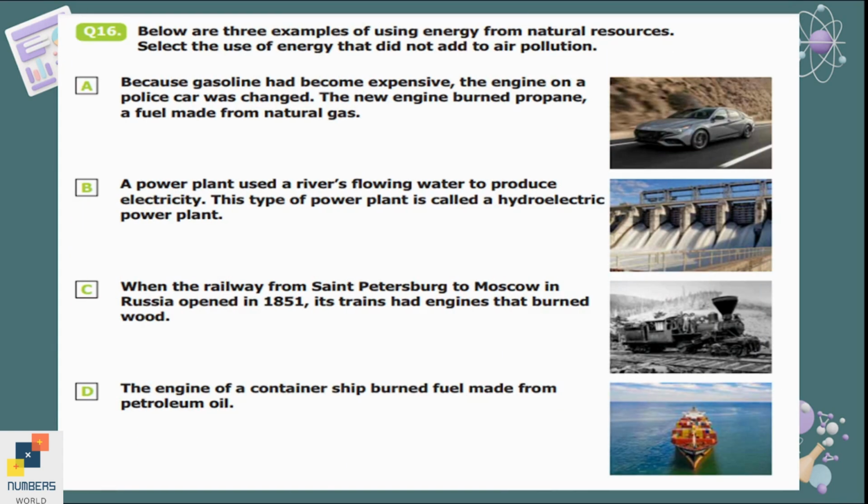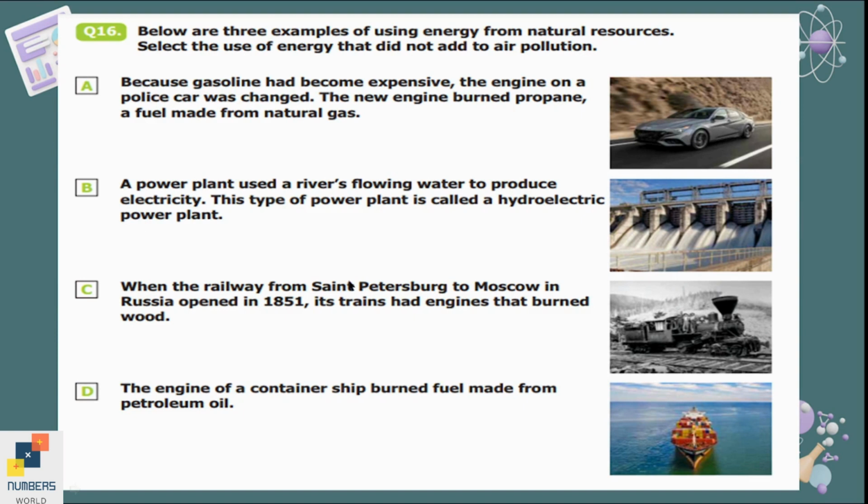Question number 16. Below are three examples of using energy from natural resources. Select the use of energy that did not add to air pollution. Option A, because gasoline had become expensive, the engine on a police car was changed. The new engine burned propane, a fuel made from natural gas. B, a power plant used reverse flowing water to produce electricity. This type of power plant is called a hydroelectric power plant.